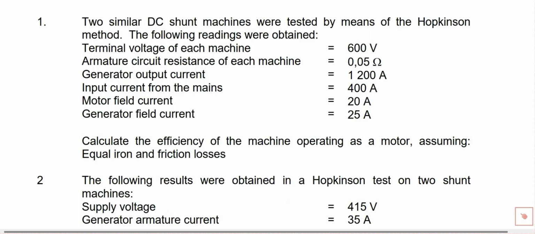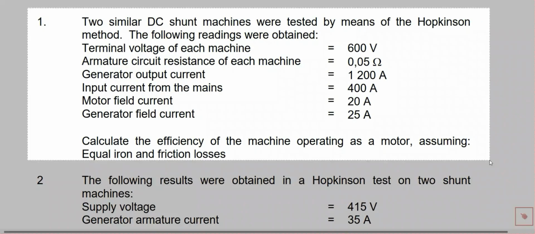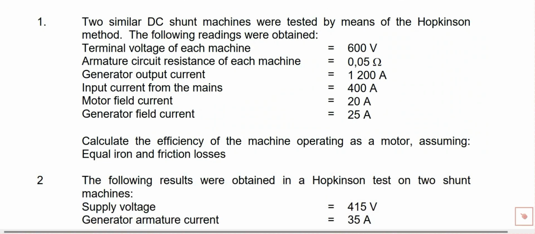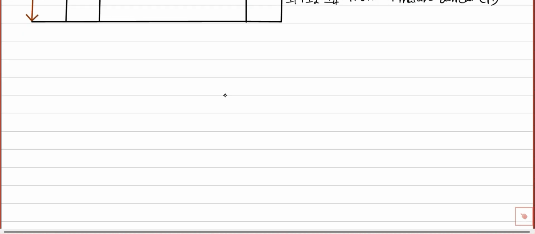I'll actually do 2 questions for this one. Let's start with the first one here. So we're going to try to do this first question here. Let's throw it in here.